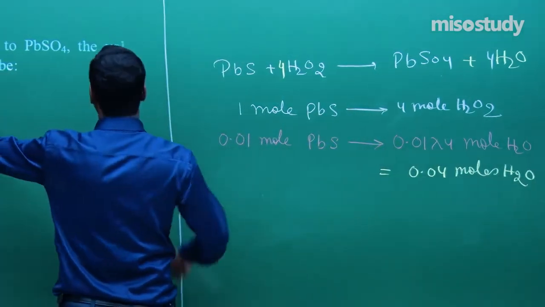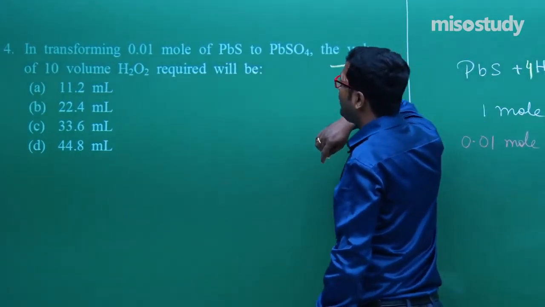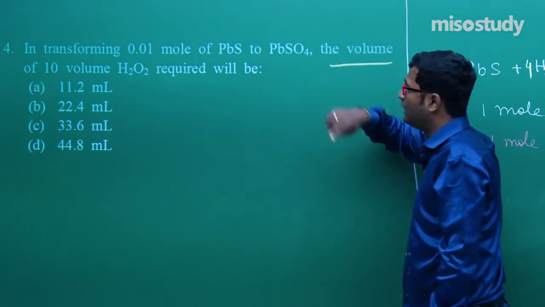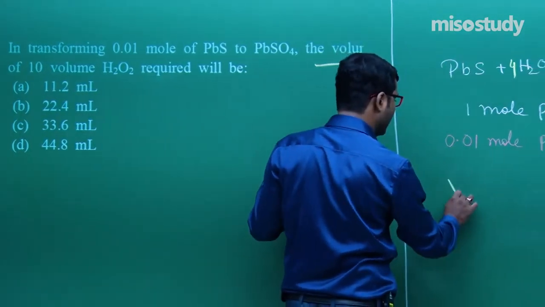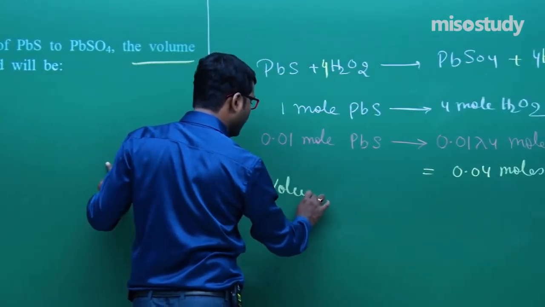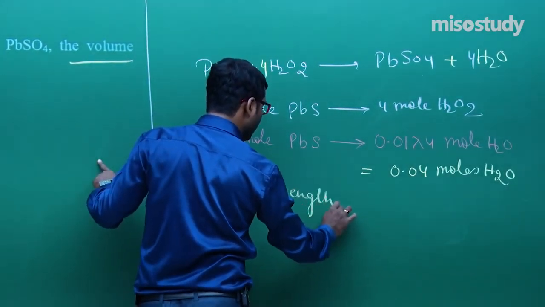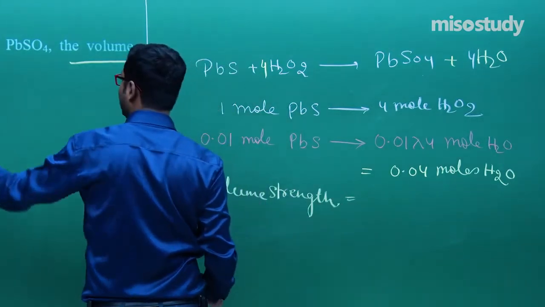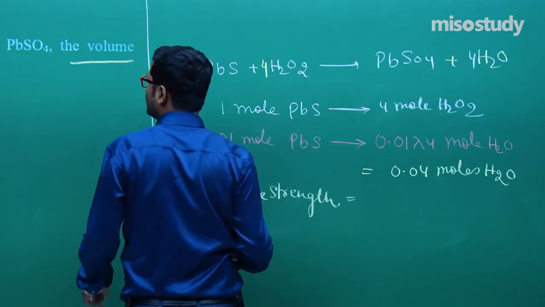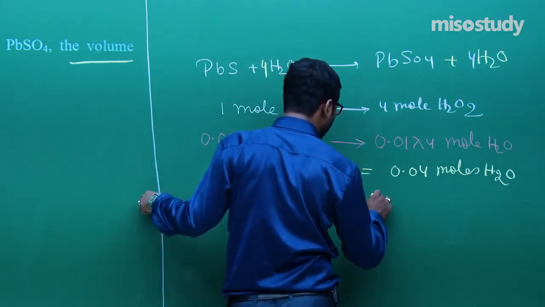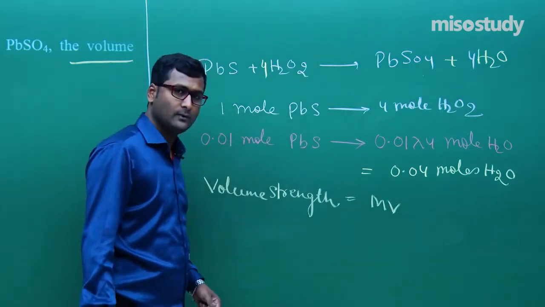Now what is given here according to the question? The volume of 10 volume H2O2. Now in terms of volume required, as we know, volume strength. Clear to you? Volume strength is given here, 10. Volume strength is equal to, tell me, M into V.